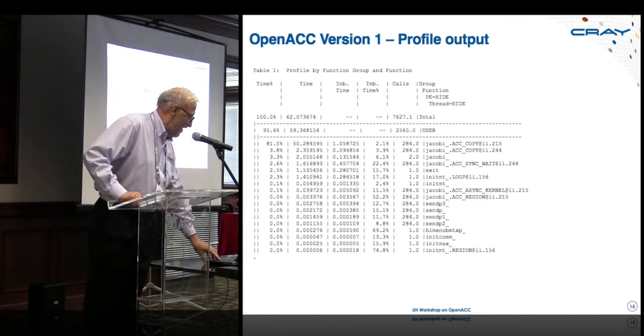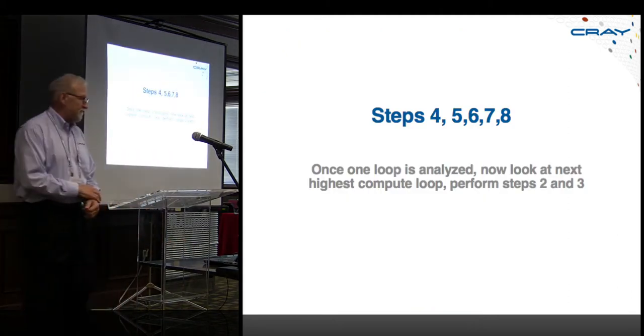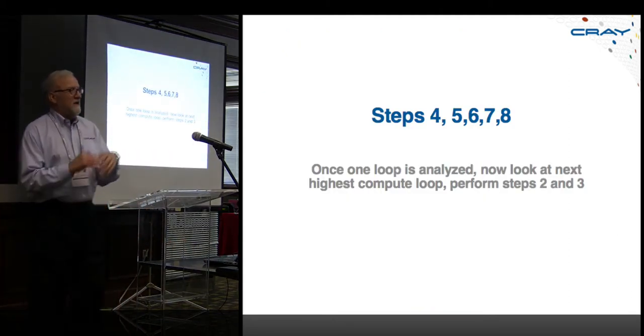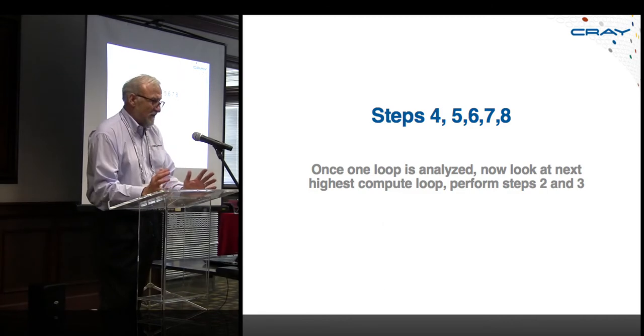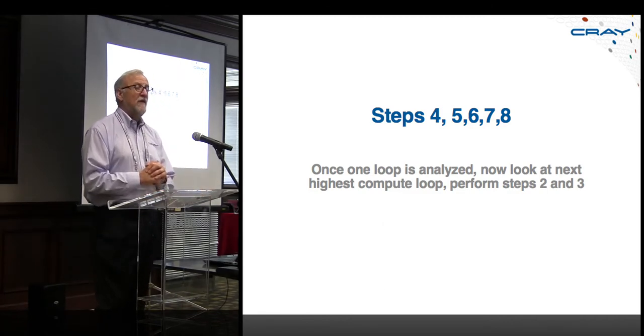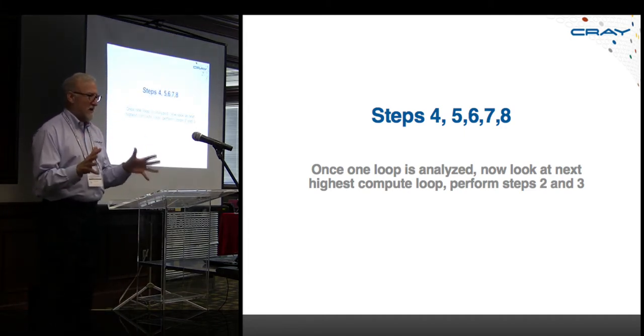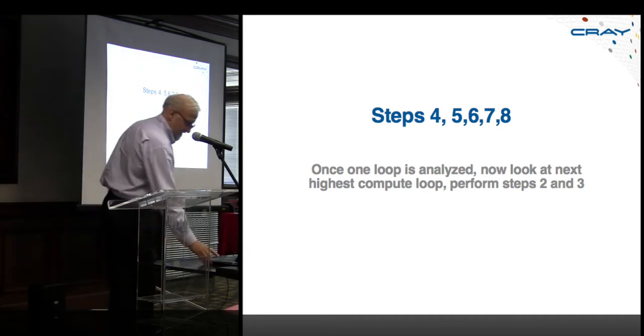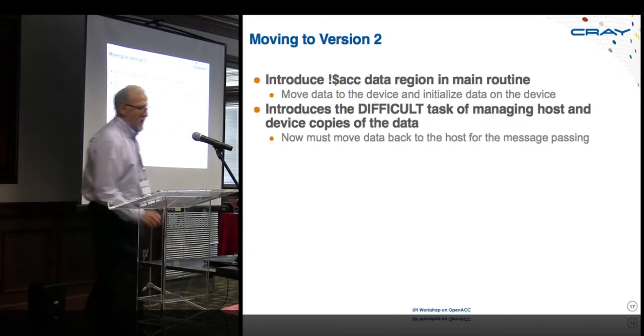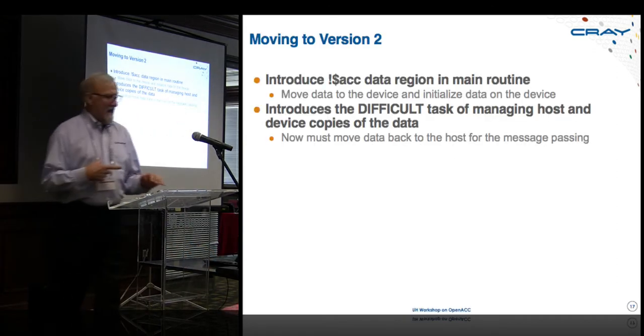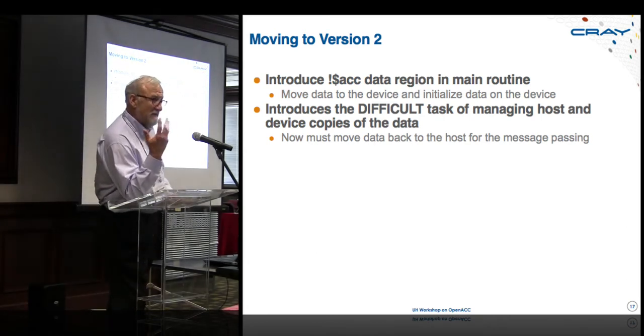So the next step is, we've identified a kernel, we put it on the accelerator, now we have to get rid of all that data motion. This is the hardest part. And that is, we want to introduce a data region outside the time step loop.